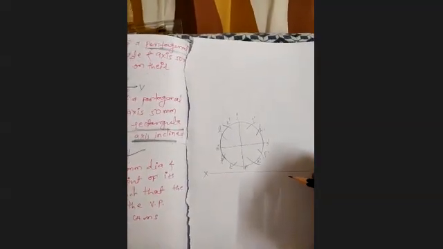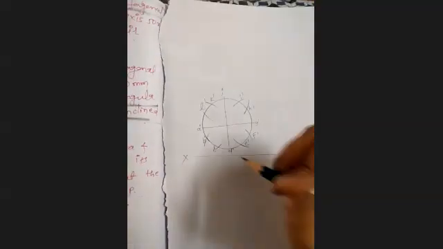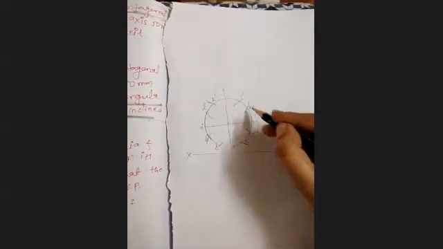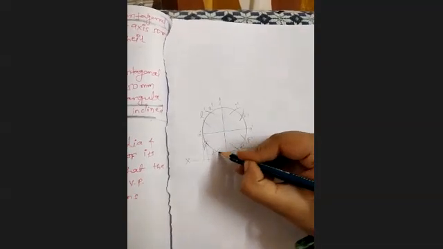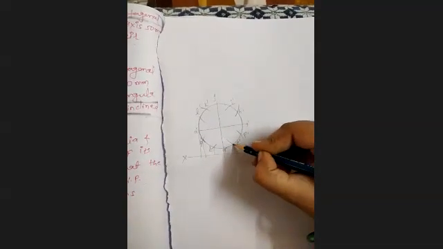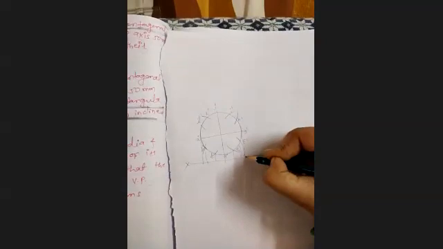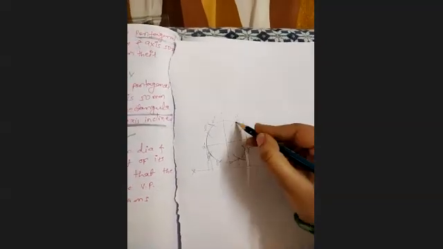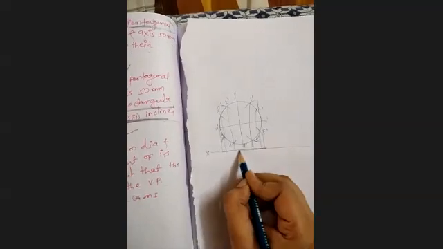Yes, ma'am. Okay. After that, draw projection from each and every point to downward side like this by using your scale, guys. Like this, you have to draw each and every projection. Okay, you got one base point here like this.